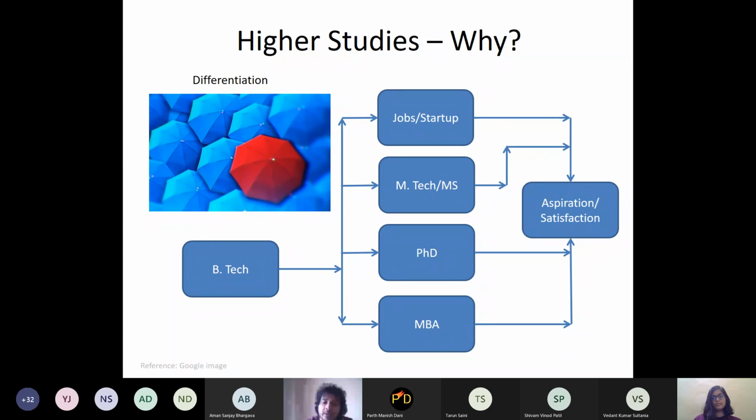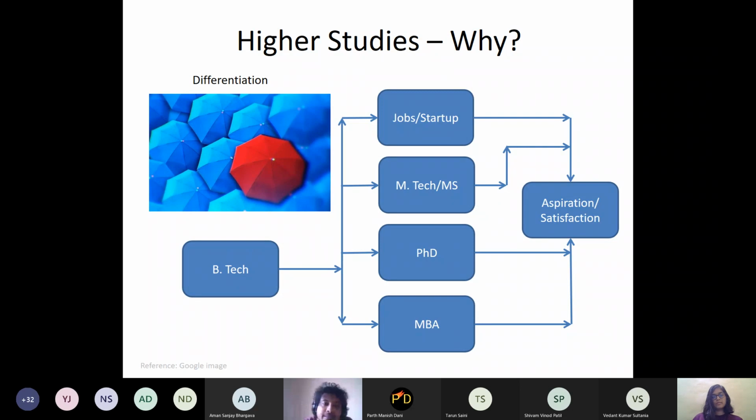There are different scenarios, different ways you can apply this kind of knowledge. But it adds to your kitty a niche skill which you don't have after B.Tech. In a normal scenario, you don't have it. Yes, people do projects, people do lots of internships, that adds. But going through this kind of higher study adds, first of all, a niche skill.